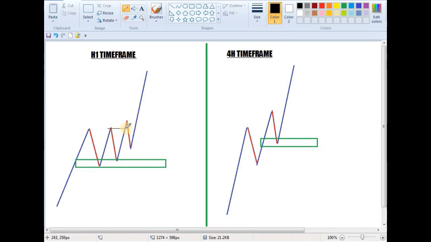Many retail traders will now start buying here guys, and then the market will induce them going back to our order block, taking the orders, and the traders who were buying here will blow their account, and then the market will shift going up again.